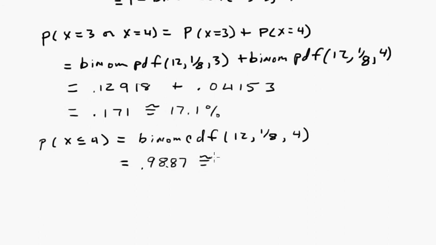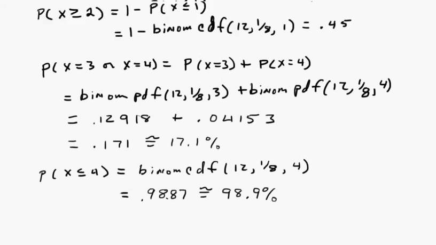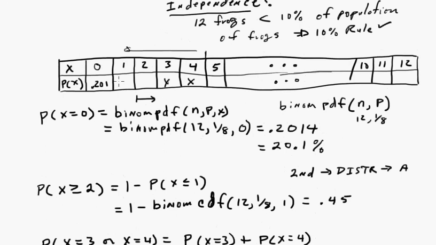So approximately 98.9%. Okay, so almost 100%. That's interesting. So what's happening is there's sort of like a peak right in here somewhere around 3 or 4, and then after a while these taper off and become less likely.